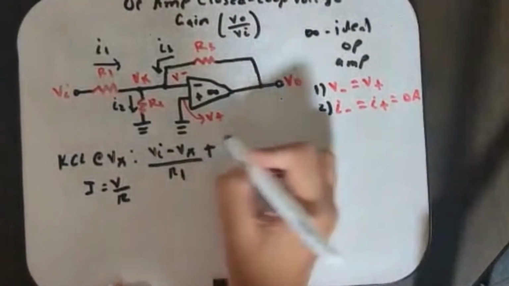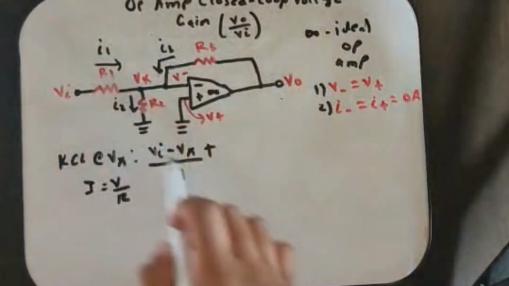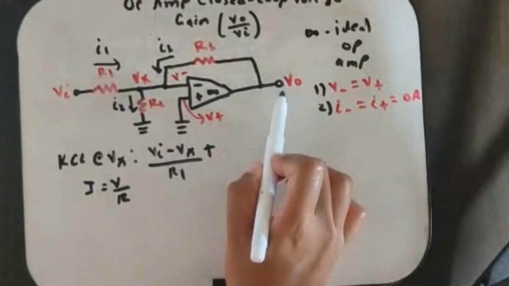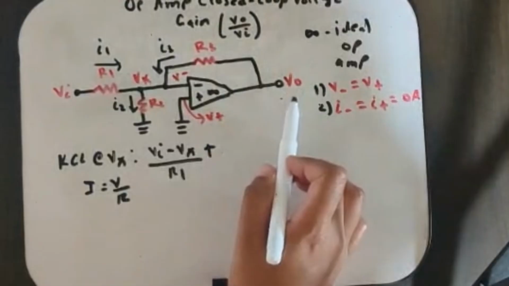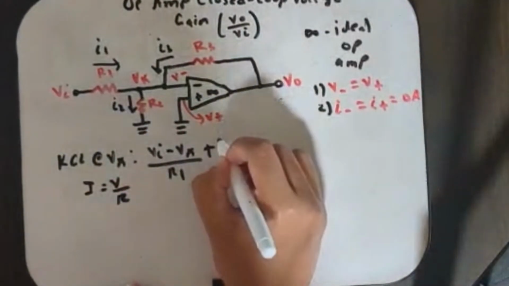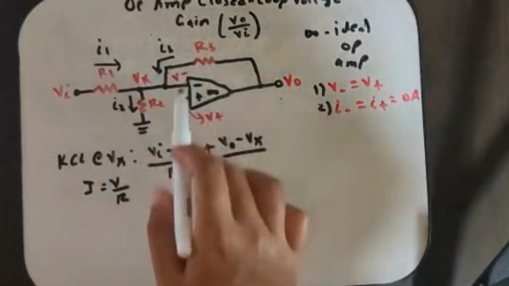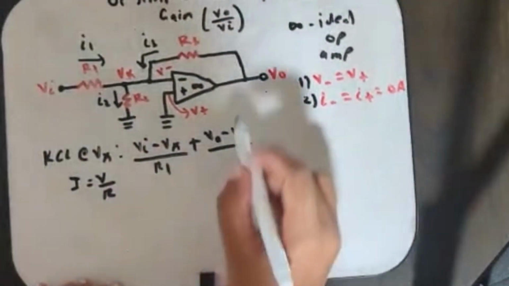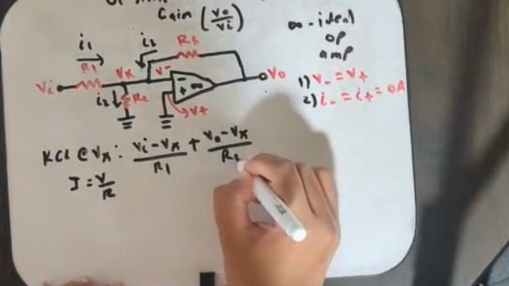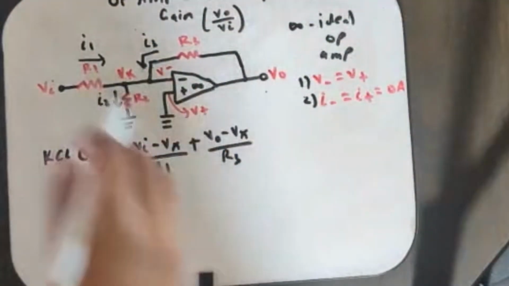We're still at the entering side, so let's put a plus there. I3 is going from VO to VX, so VO is at a higher potential than VX. So we write VO minus VX over R3, the resistor it's going through. That's all the currents that are entering, I1 and I3.